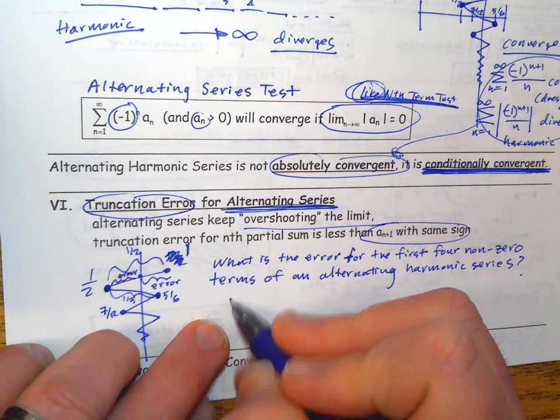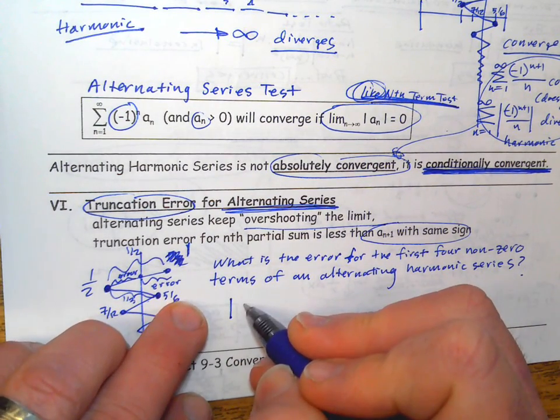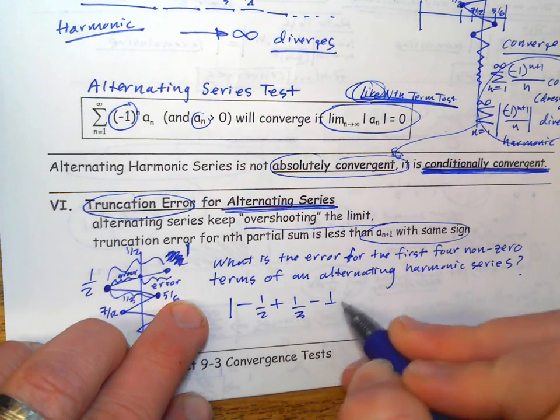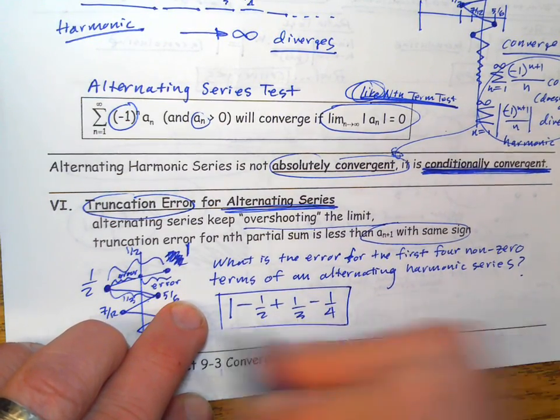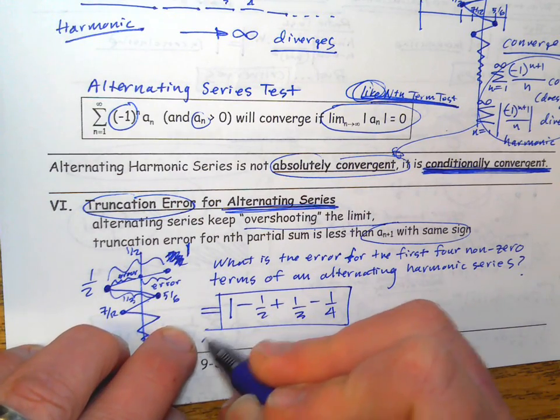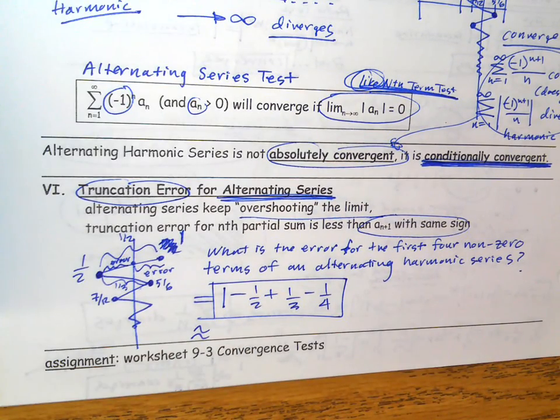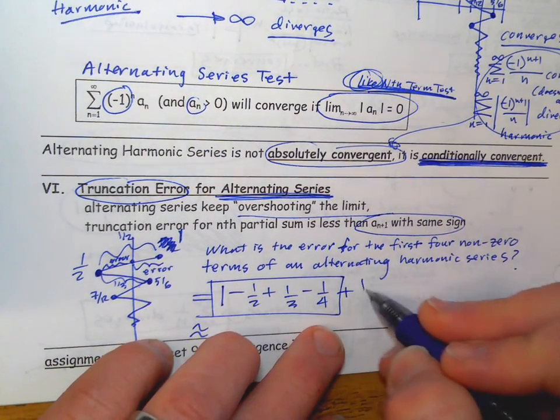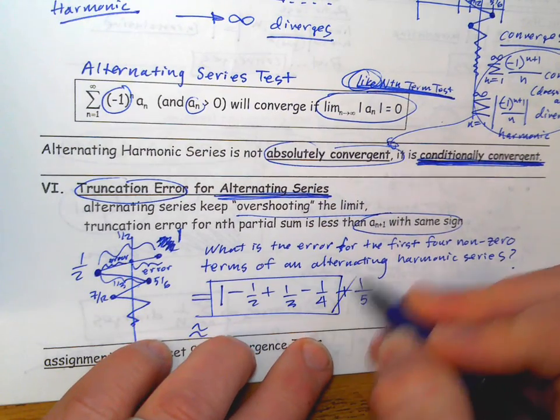Okay, so here's the hypothetical. First 4 non-zero terms: 1 minus 1/2 plus 1/3 minus 1/4. So that's the first 4 non-zero terms. We're going to take that to estimate a series. The error, well, it's the next one. So this is where we truncate it.